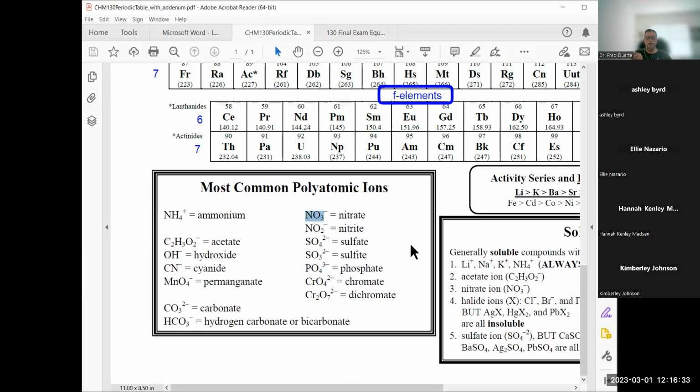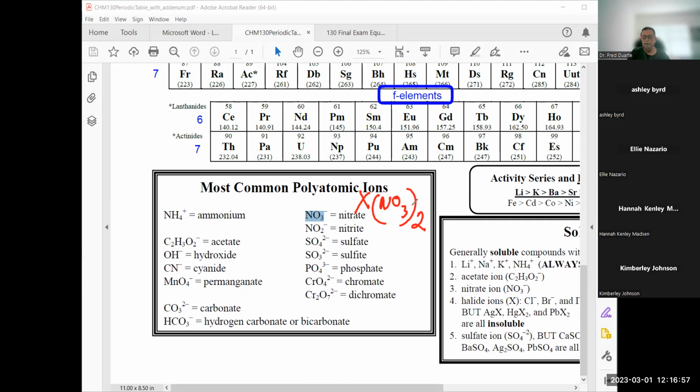So, for example, if we ever need multiple nitrates, we would put parentheses around the NO3 and then use a subscript to tell us that, let's say, we need two of them, bonded to some compound X. If we need two of them, we use parentheses.